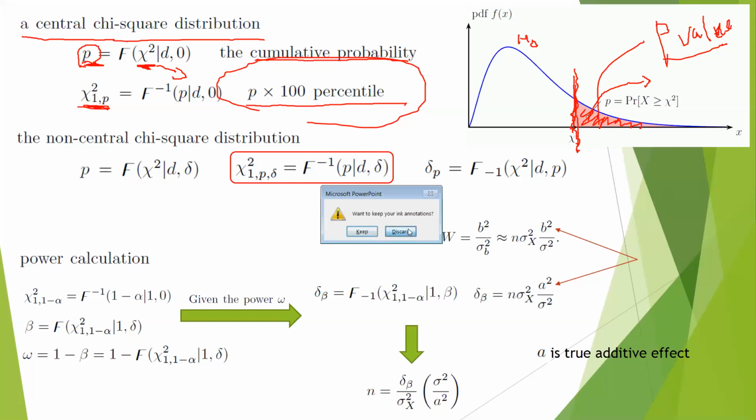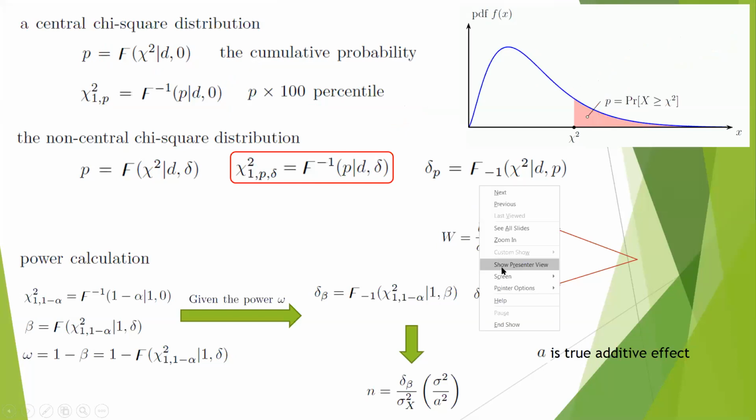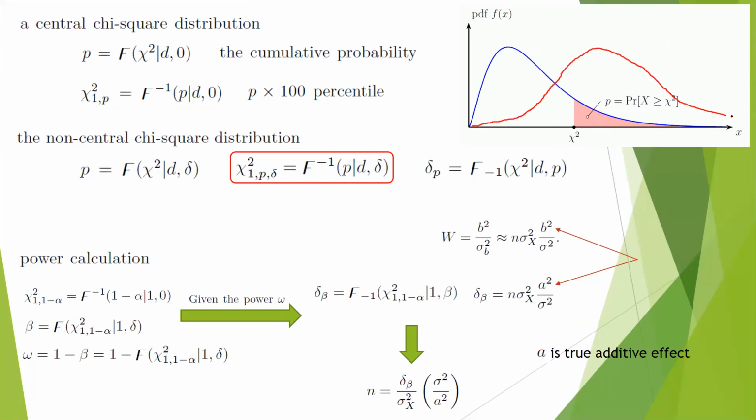All right, so this is for the central chi-square distribution. Let's talk about the non-central chi-square distribution. For example, we have a distribution like this. This is the non-central, okay? For the central chi-square distribution I just mentioned, the non-centrality parameter equals 0.